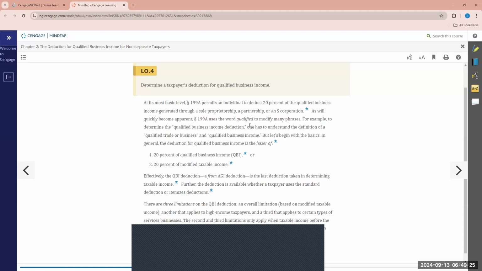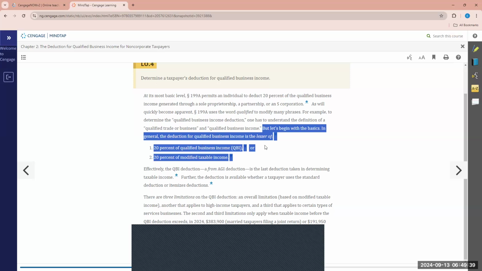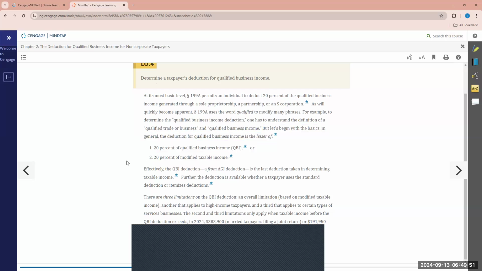As will quickly become apparent, Section 199A uses the word qualified to modify many phrases. To begin with the basics, in general, the deduction for qualified business income is the lesser of 20% of qualified business income or 20% of the modified taxable income.